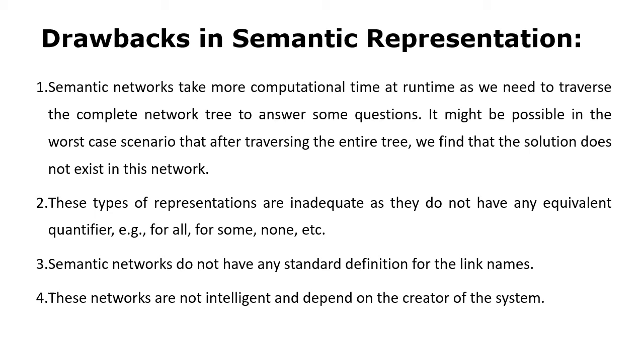Semantic networks do not have any standard definition for the link names, and these networks are not intelligent and depend on the creator of the system. So these are the drawbacks of semantic representation.